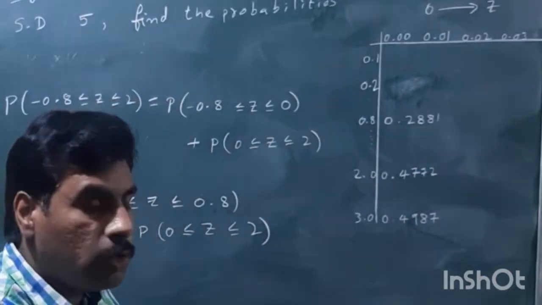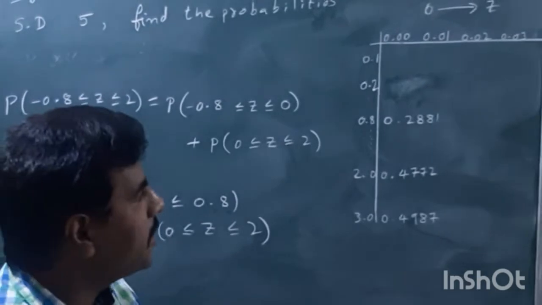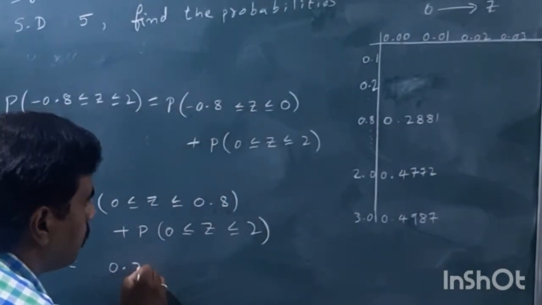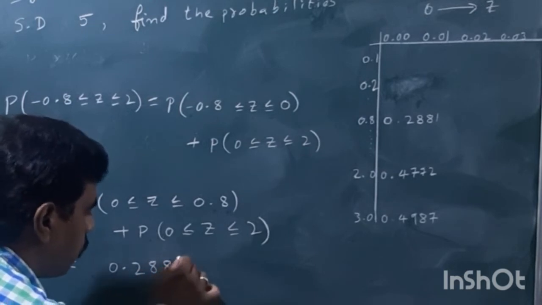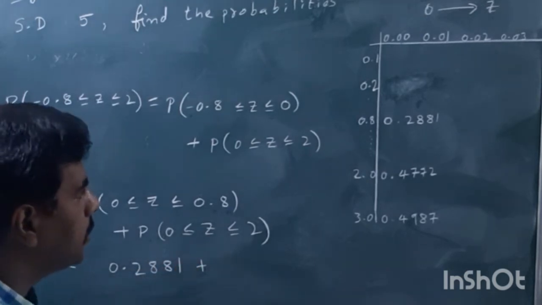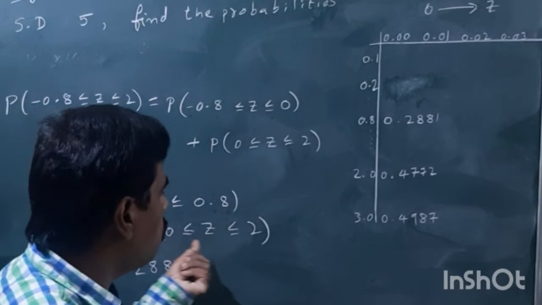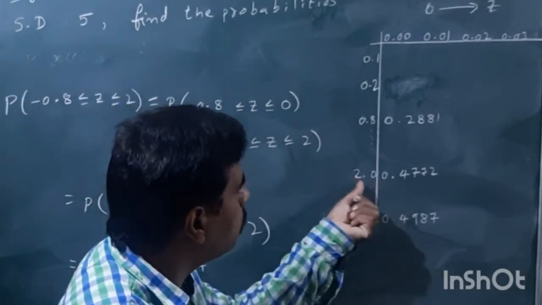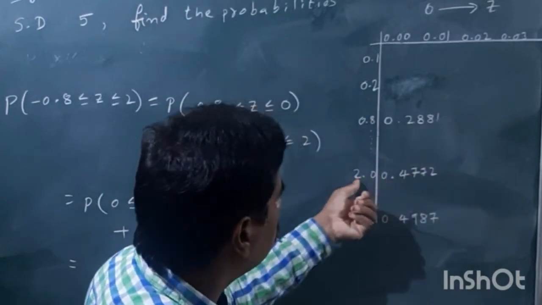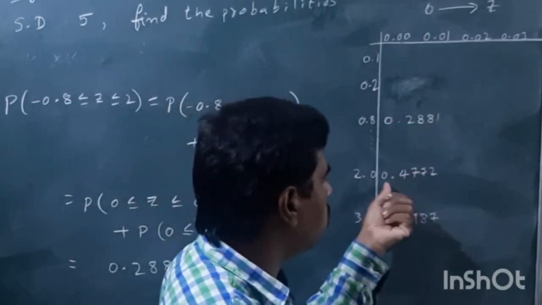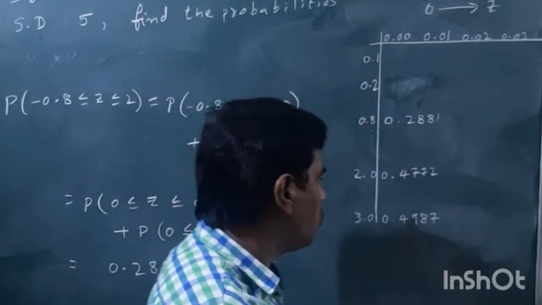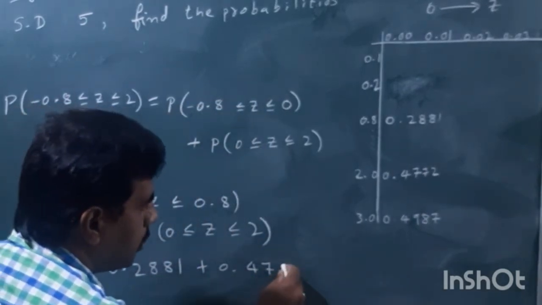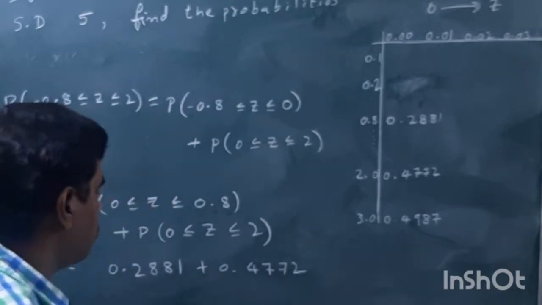The area between 0 and 0.8 is given by 0.2881, plus the probability between 0 and 2, that is 2.0, 2.00, which is 0.4772.